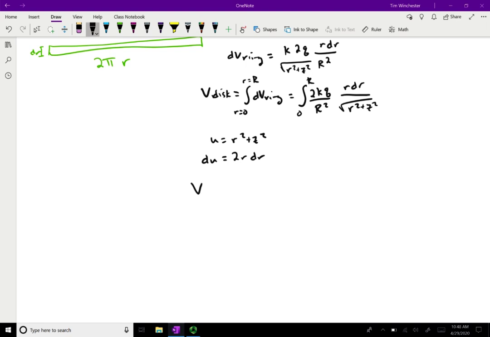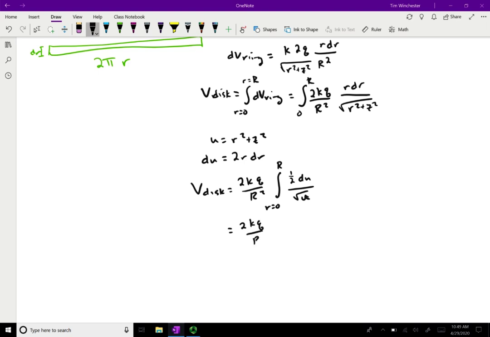So then the potential for the disk is going to be all of the constants, so 2kq over capital R squared, integral of r equals 0 to r equals R of 1/2 du over square root of u. Okay, so I'm not going to update the limits because I'll just plug back in the original limits later.